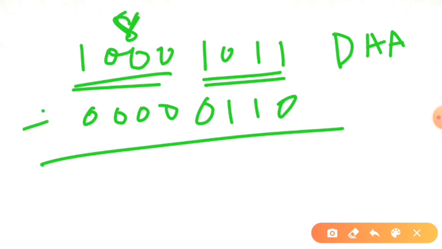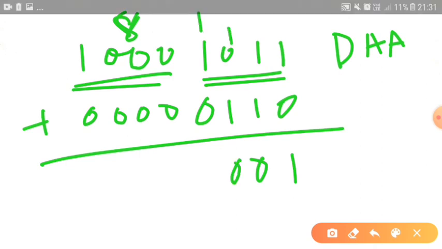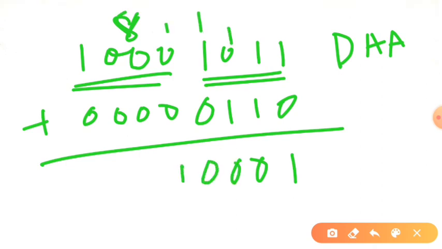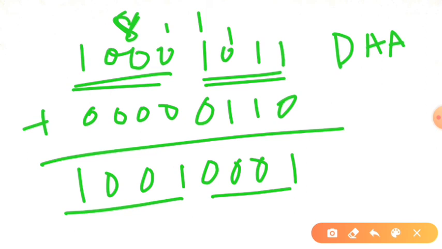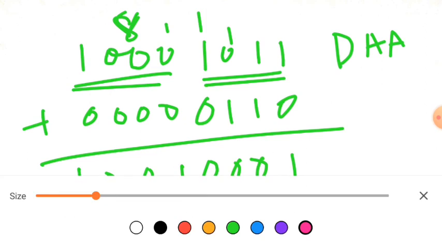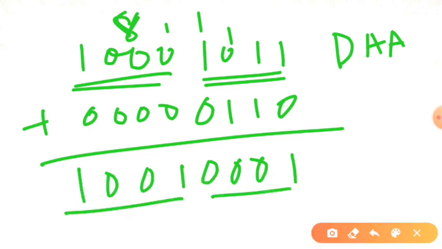So if we perform this addition operation, what will happen? 1 plus 1 is 0, carry 1; 1 plus 1 is 0, carry 1; 1 plus 1 is 0, carry 1; so 1001. Now if we see this number, this is obviously a binary coded decimal number, and if we try to convert it to BCD, we start by converting these 4 bits, which is 1 in decimal, and 1001 is 9 in decimal.